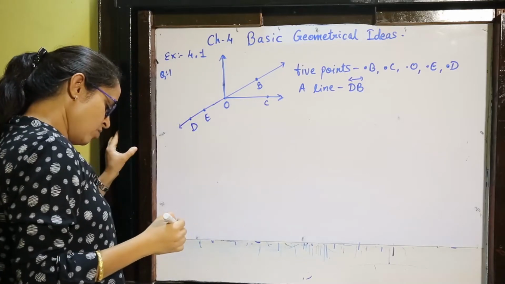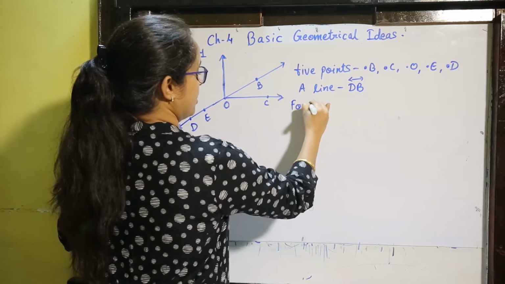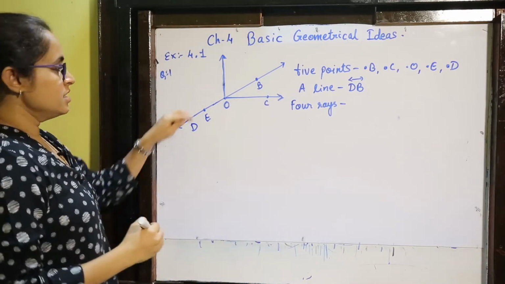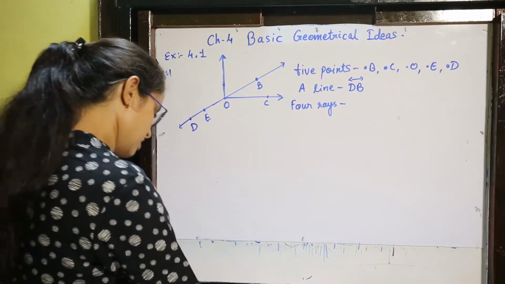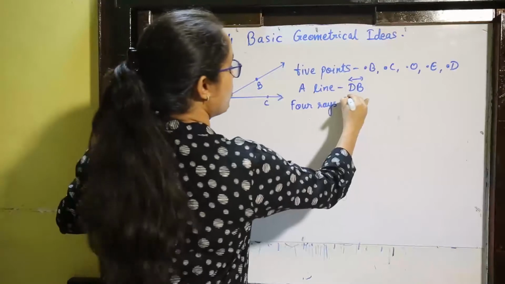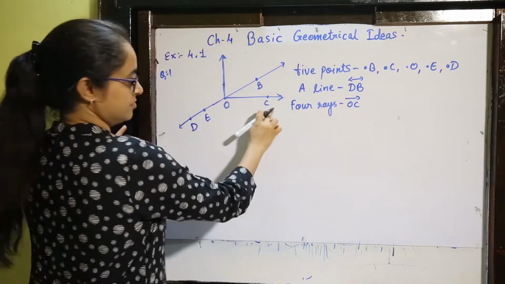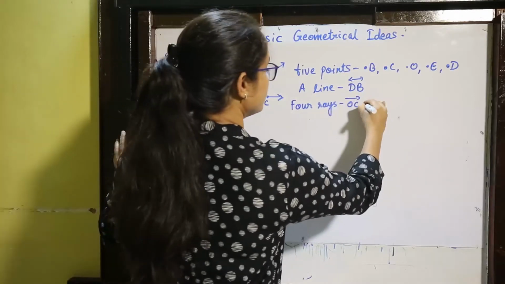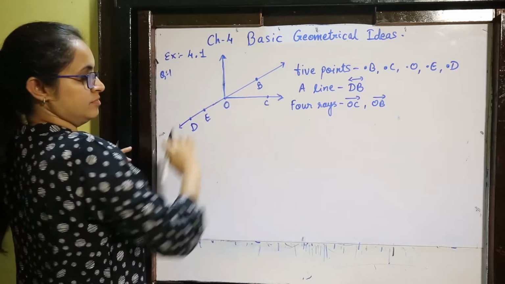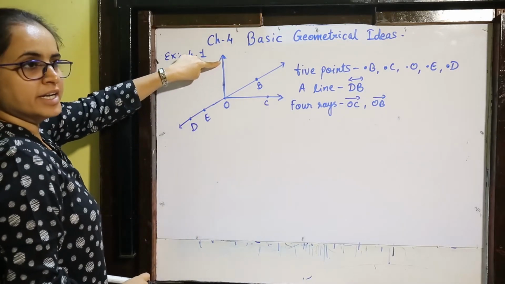Now, next is 4 rays. Now you can see one ray is here, ray OC, this ray. Then you have ray OB. Now here it is a ray, but the point is not mentioned here.